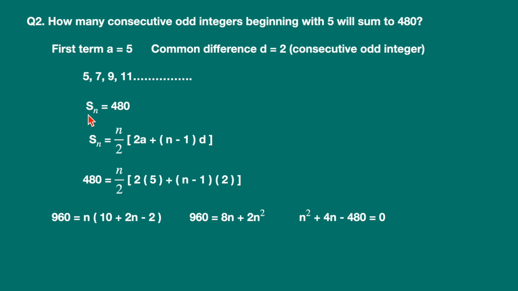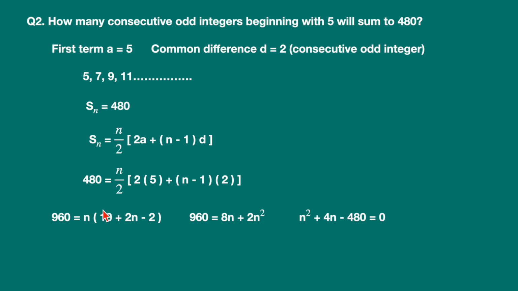Now write down Sn, they've given the sum already. The sum is 480. We have to find n. How many integers are there? That is the terms. How many terms are there? n we have to find. So Sn is equal to 480. Substitute a and d, leave n as it is, then simplify.